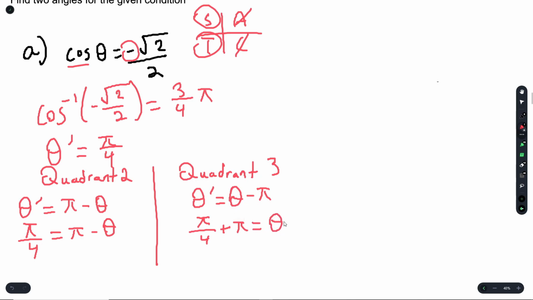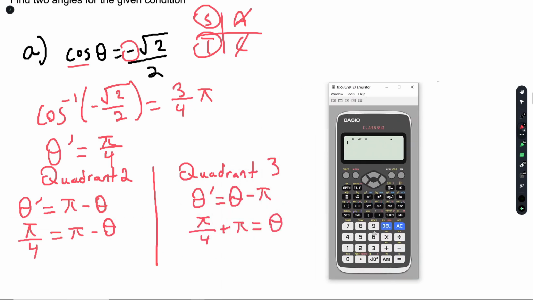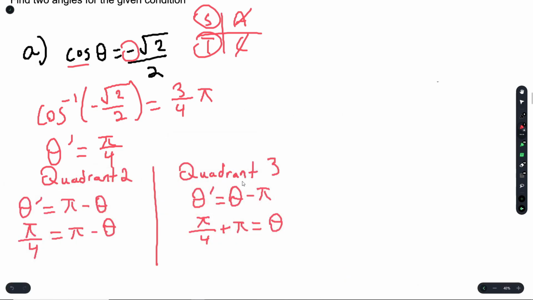equals theta. So I'll do the one on the right first because it's just easier. Pi over 4 plus pi equals 5 over 4 pi. Then the second one we subtract pi.